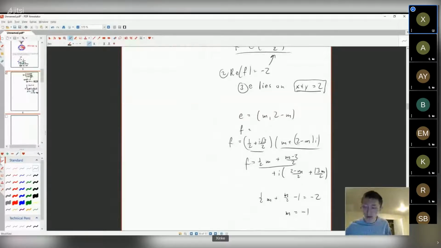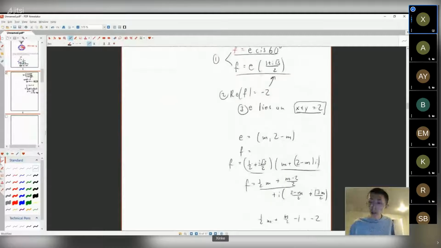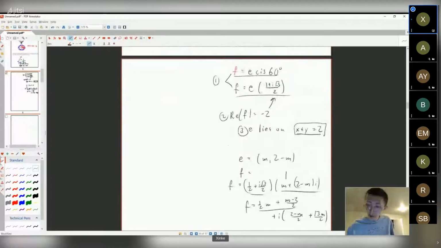Negative 1. I feel like this is more simple than expected. I feel a little uncomfortable about whether this is right or not, but maybe it's right. Maybe I messed something up. So that means the x coordinate of E was negative 1, and this is 3.